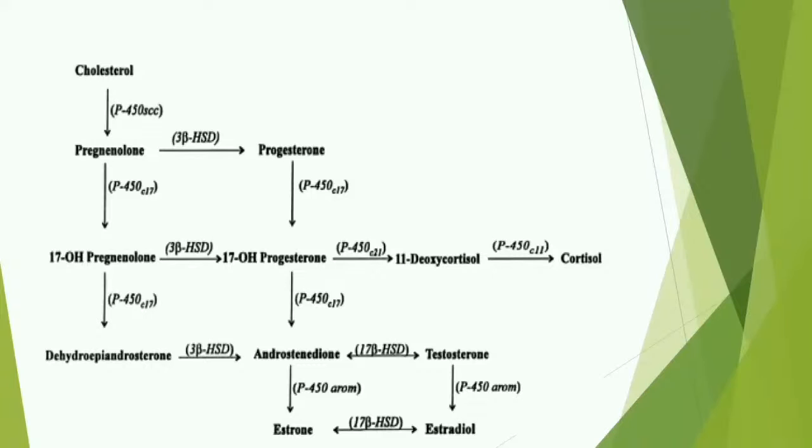As far as we are concerned, we will stick to this. So we have 17 hydroxypregnenolone and 17 hydroxyprogesterone, which is going to form DHEA and androstenedione. From androstenedione you can get testosterone. The presence of aromatase helps in the formation of estrone and estradiol. So kindly learn this chart by heart.